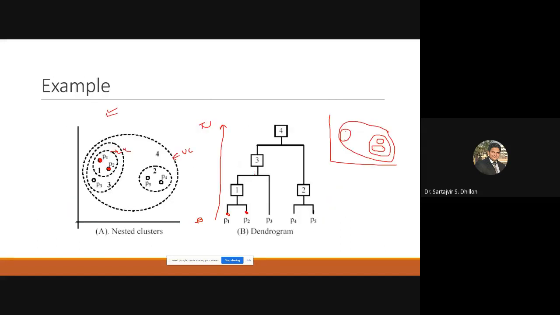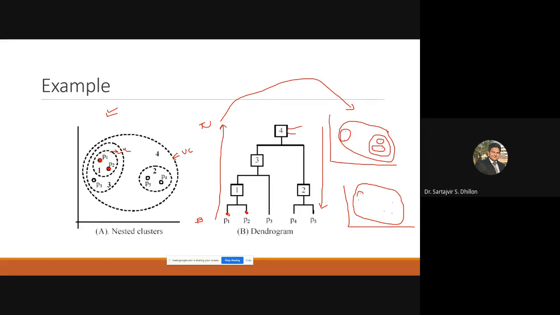The other one is divisive, which follows the upper-to-bottom approach. I will explain with an example. The same points are there. First we draw this circle, for example this one.